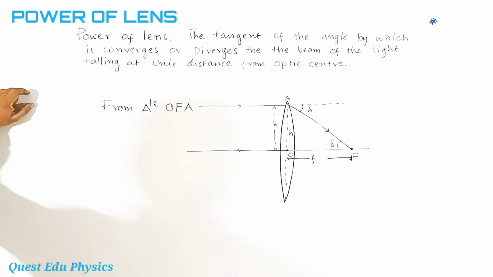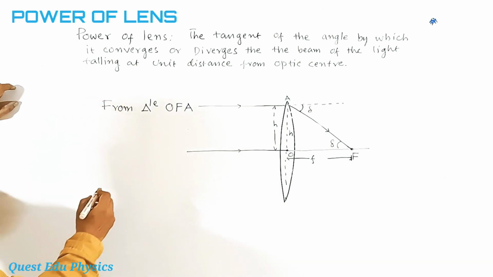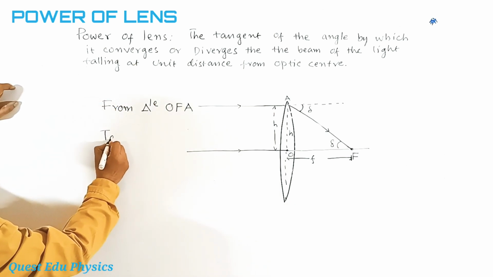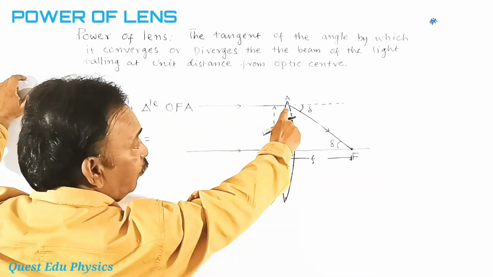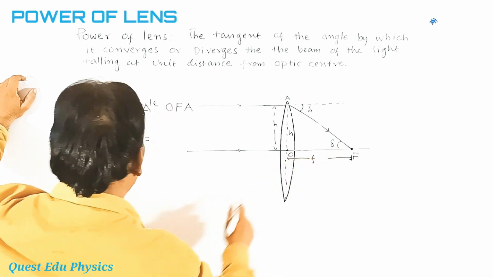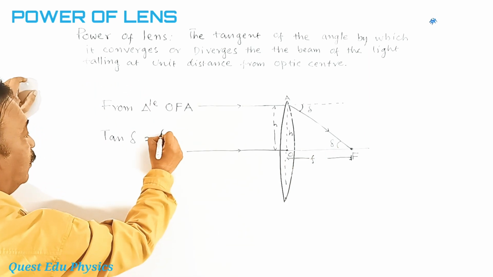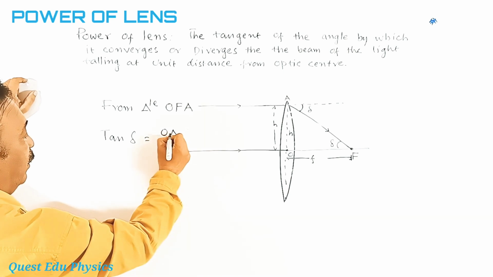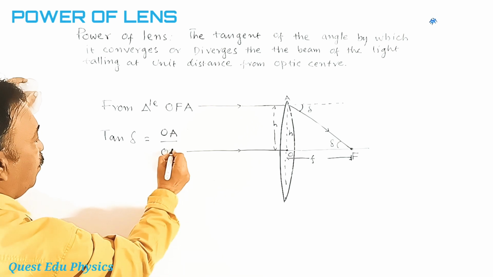From triangle OFA, we are writing the tangent, students. The tangent of the angle, that means tan delta, is equal to opposite by adjacent. Opposite is what? OA by OF.